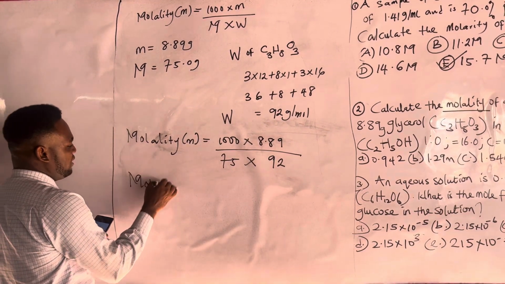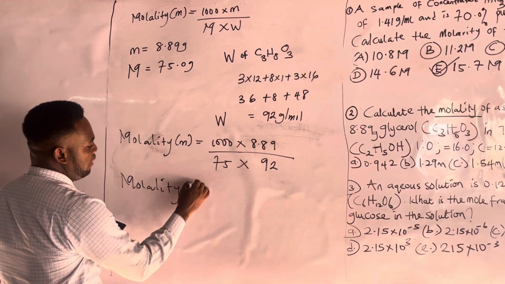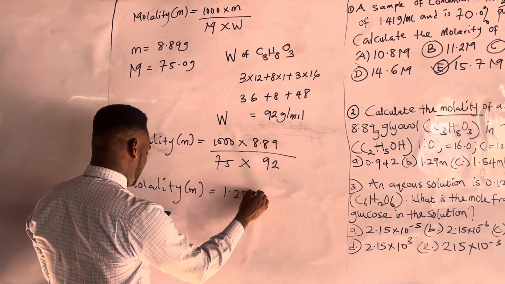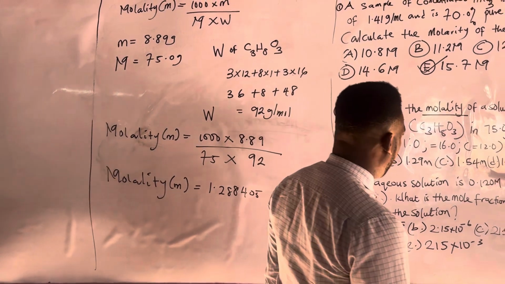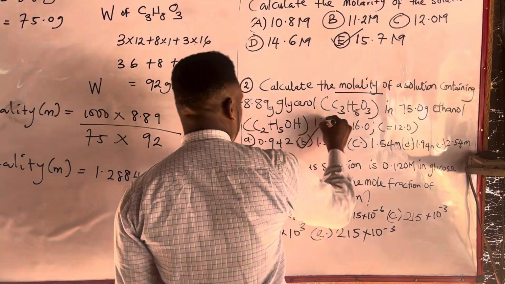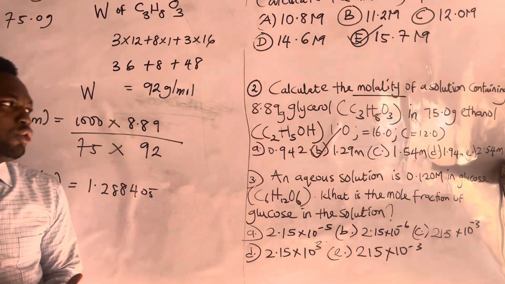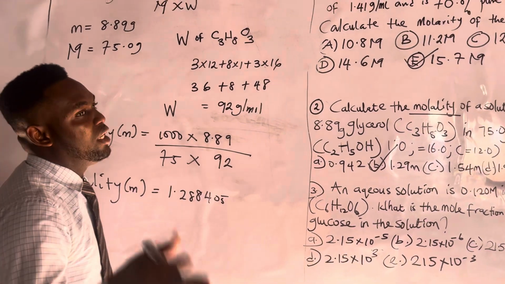The molality m equals 1.288405. And which option do we have that? 1.288. Of course, that's approximately 1.29. Like I said, you don't approximate until you have gotten to the final answer.